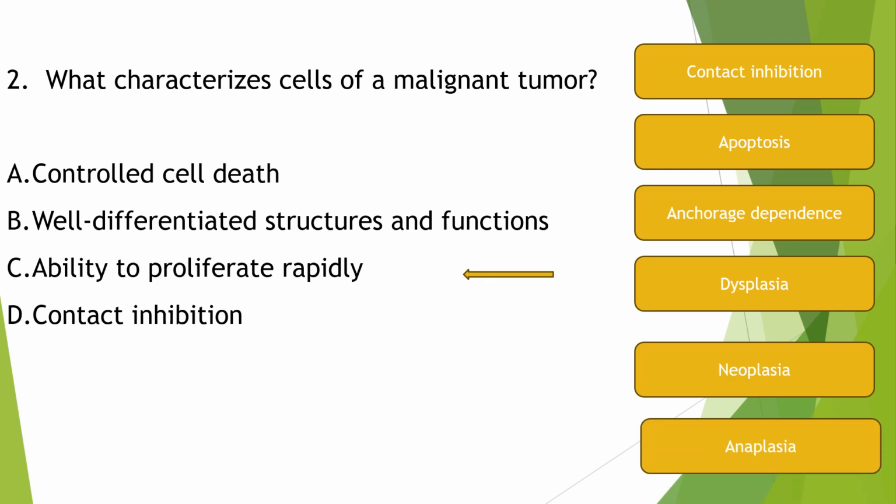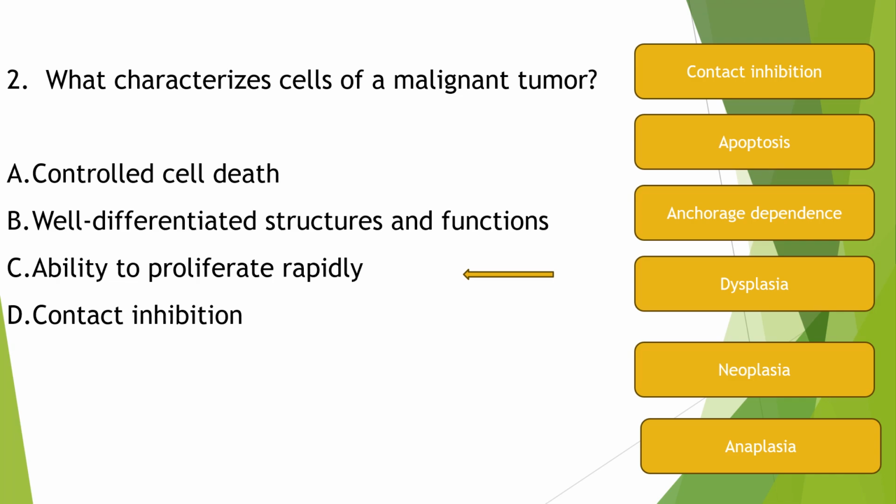The next term is anaplasia. When you look at cell differentiation, daughter cells will have the features of the parent cell. But when a cell loses its expected structure and function, it is known as anaplasia. As cancer cell proliferation progresses, the cells may not be similar to the parent cell, and that is anaplasia.